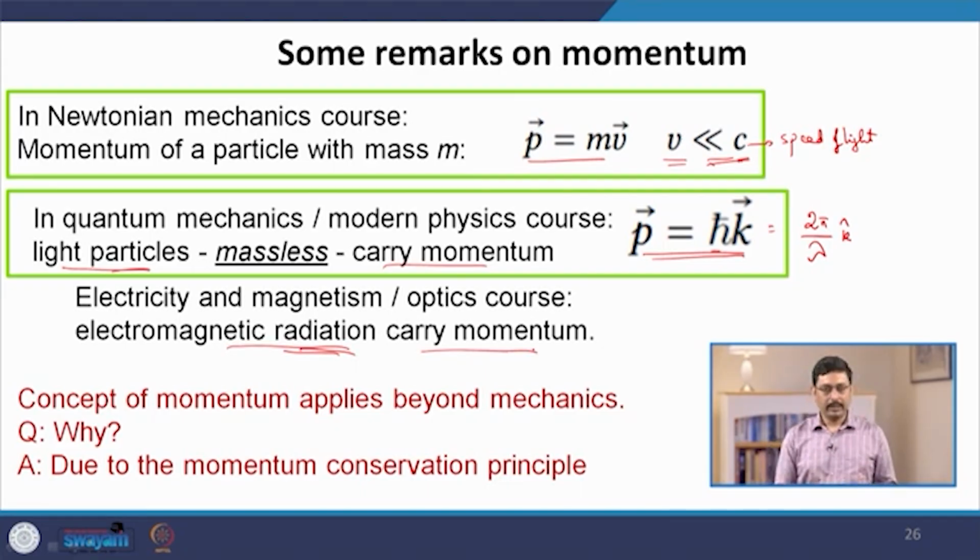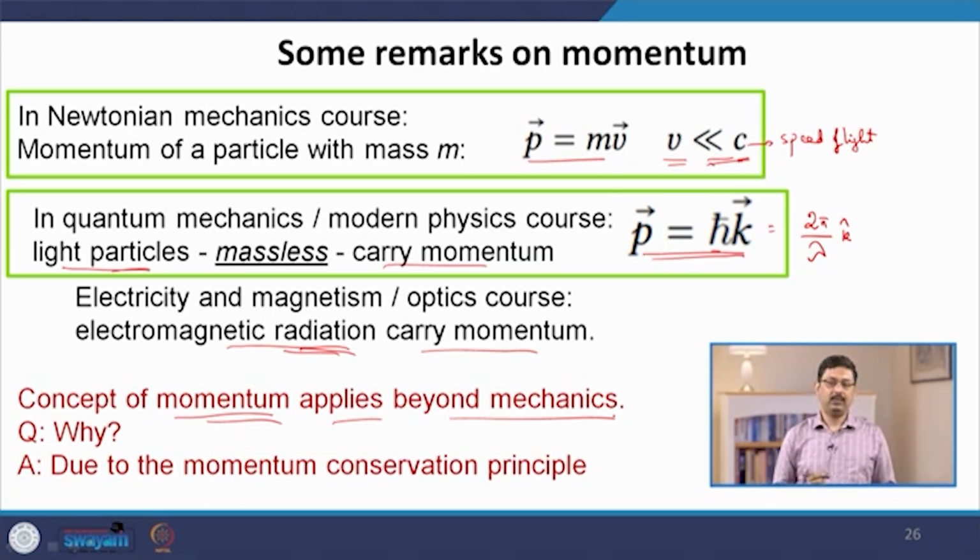So, the point I am trying to make is that the concept of momentum, as we see in these examples, applies beyond the scope of Newtonian mechanics. Now, you may wonder why momentum is so important.